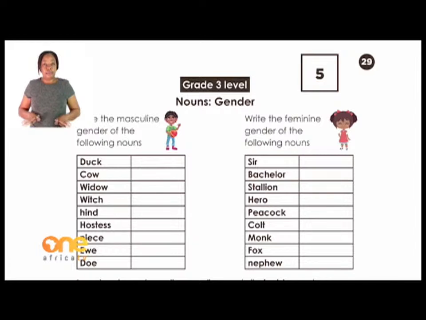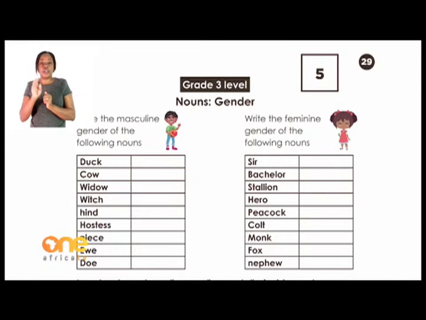If it's a boy, then we'll say it's a what? Then we say it's a drake. A drake. A cow is a female. If it is the boy side, we say it's a bull. A widow, someone who lost a husband, is a woman. We say she is a widow.